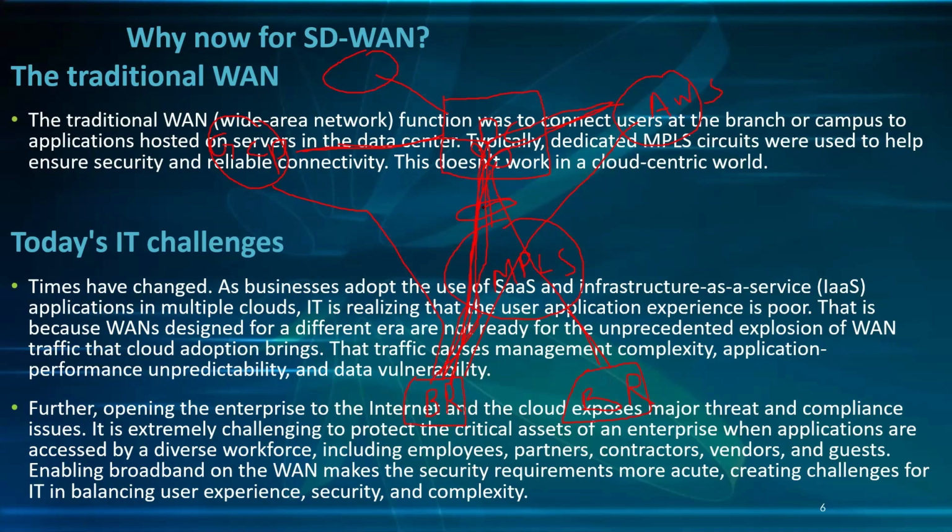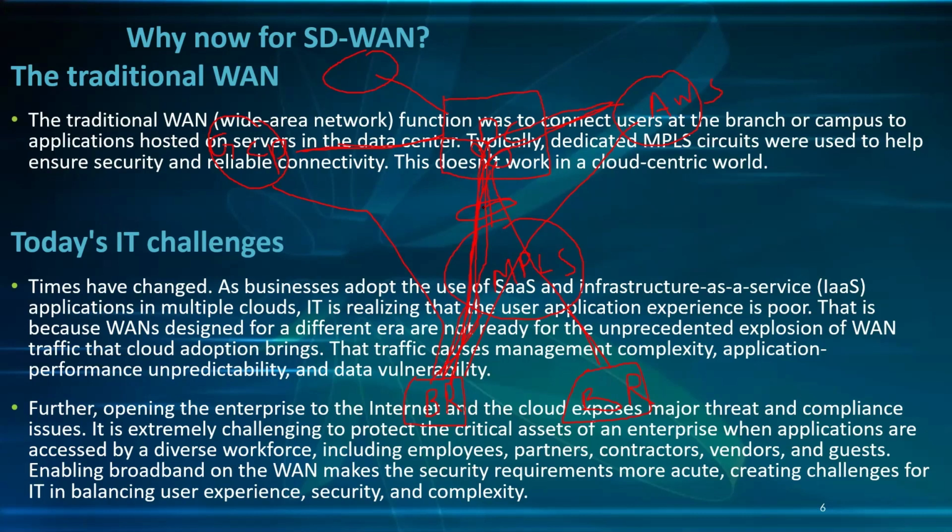Organizations are increasingly going to the cloud, using those types of services. We need a different thing, a software defined type of WAN, where you can do everything from software and let it operate dynamically, right? Clear?